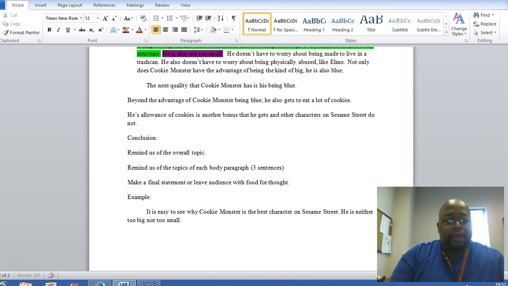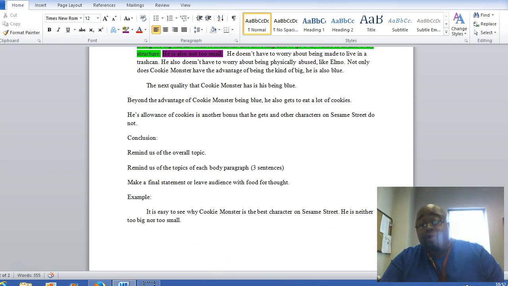Alright, so he is neither too big nor too small. So that refers back to that first body paragraph when we were talking about his bigness or his size. Next, we'll remind you about the next element we talked about, which was about him being blue.